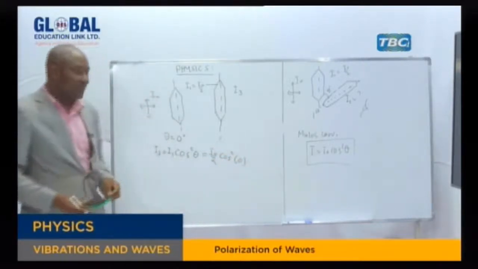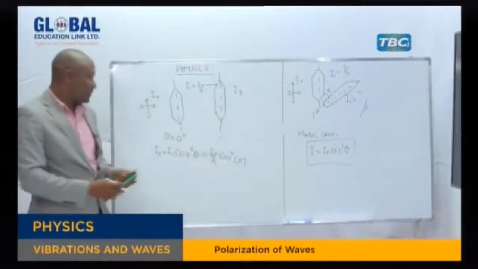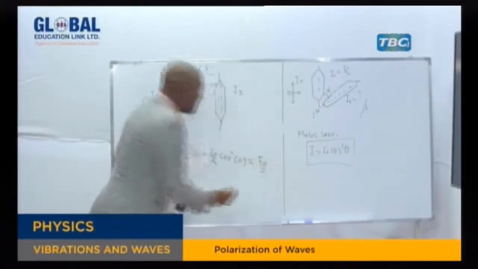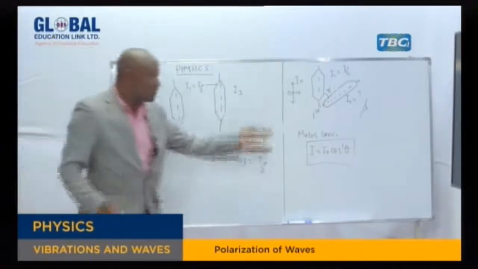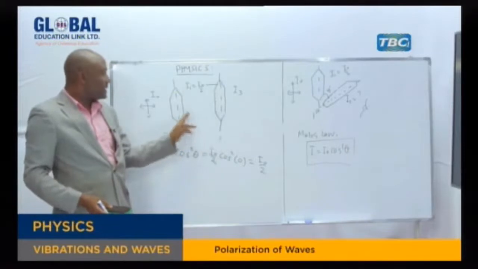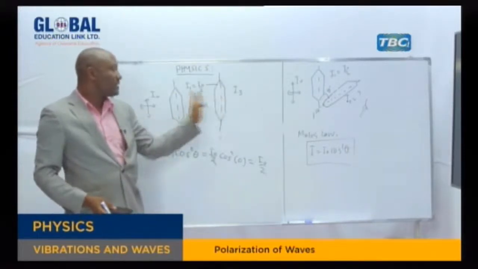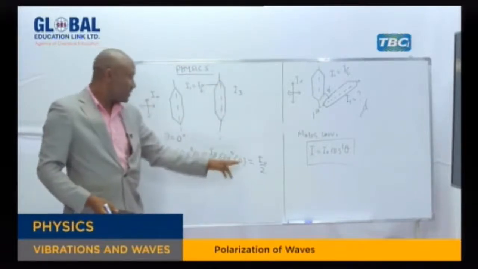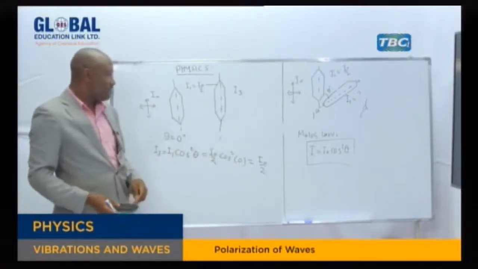We know cos of 0 is 1. So we get the same answer here, I naught over 2. This is the result that we saw in the previous discussion. When the angle is given, that's how you can find the intensity of light passing through the second or the third one, using this theorem.